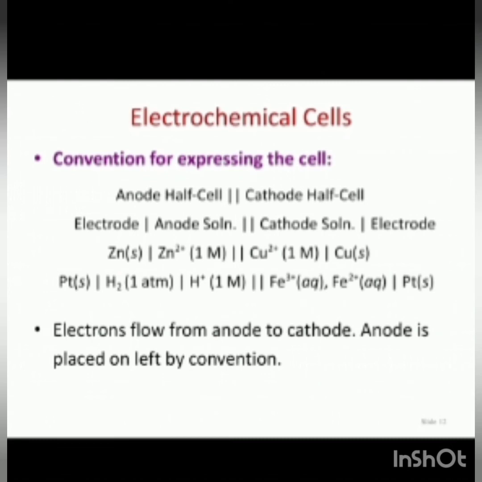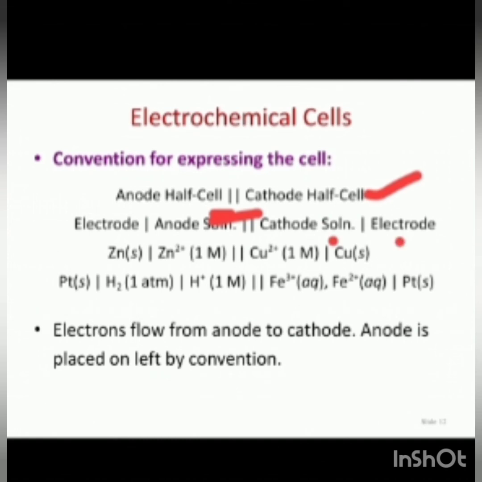The anode half cell reaction and cathode half cell reaction are distinguished by two vertical lines between the anode and cathode half cells. The anode half cell is made up of electrode and anodic solution, and the cathode half cell is made up of cathodic solution and electrode.